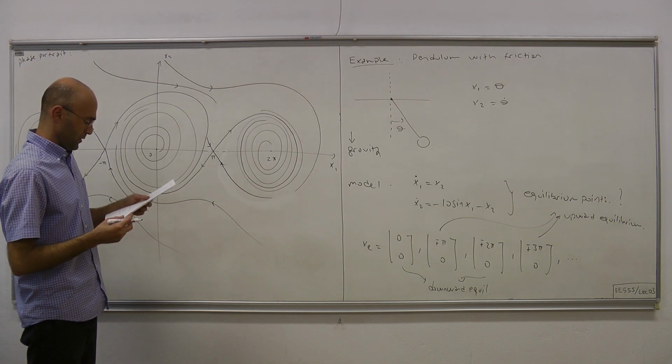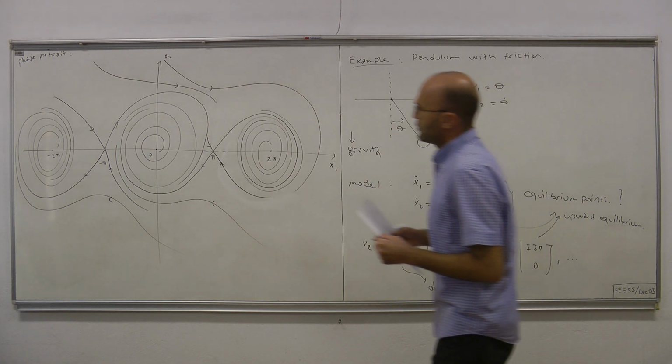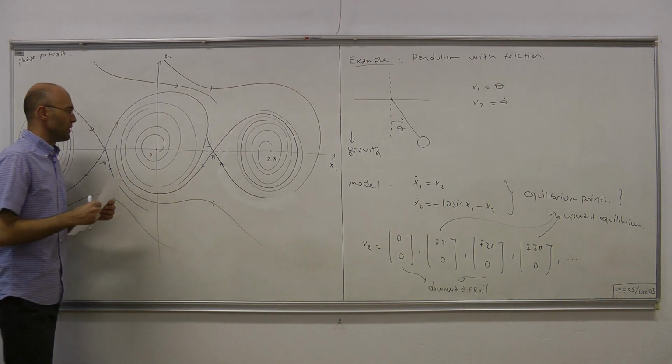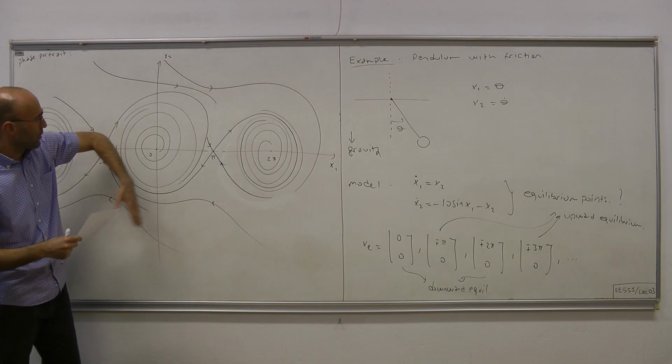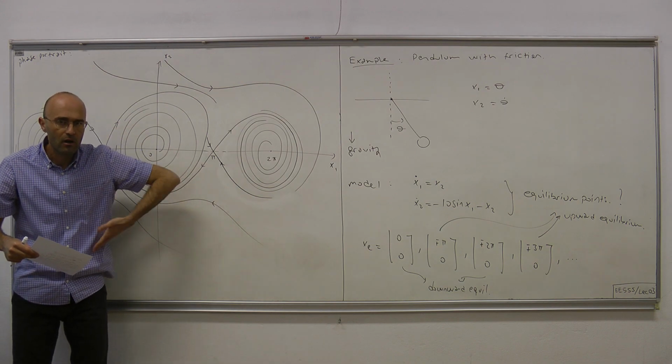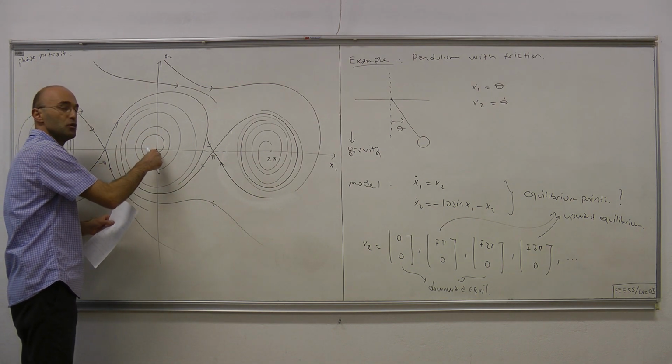Now let's once again try to understand what's going on here. For instance, if you start close to the equilibrium point, you oscillate, and the oscillations die eventually, and you spiral to the origin.